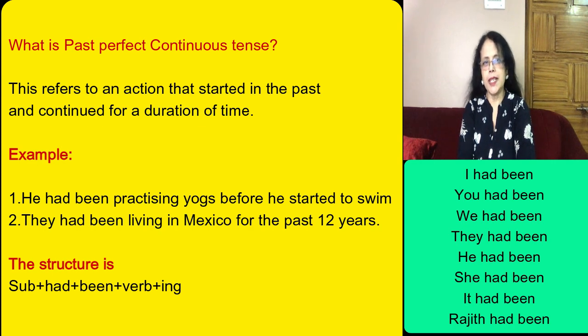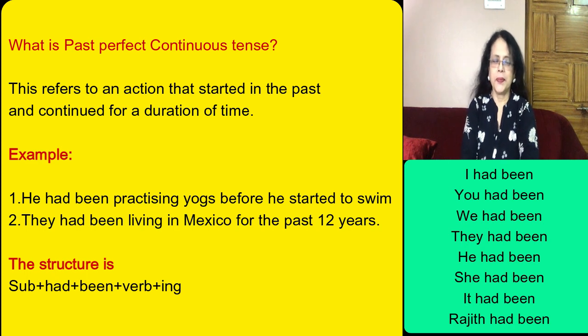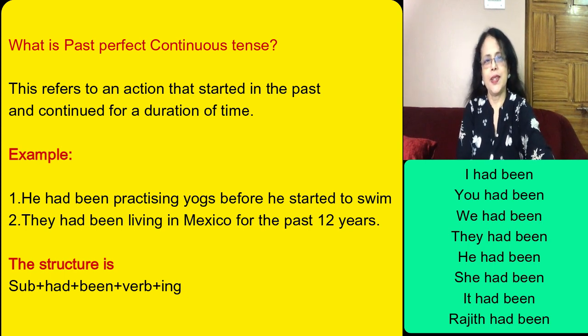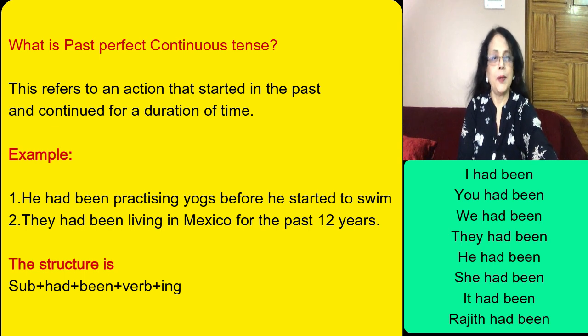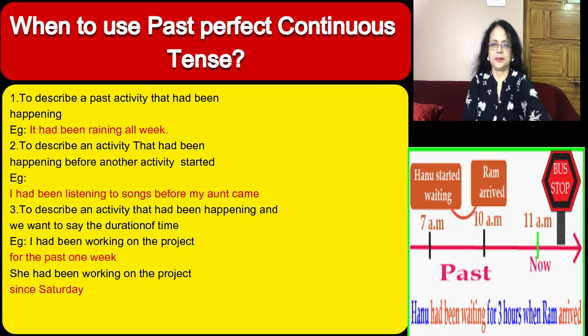And verb is in the ing form. So that's a structure. So how do we use it? I had been, you had been, we had been, they had been, he had been, she had been, it had been, Rajit had been. So that's how we use the past perfect continuous tense.